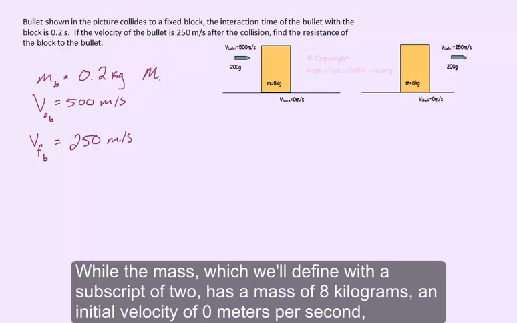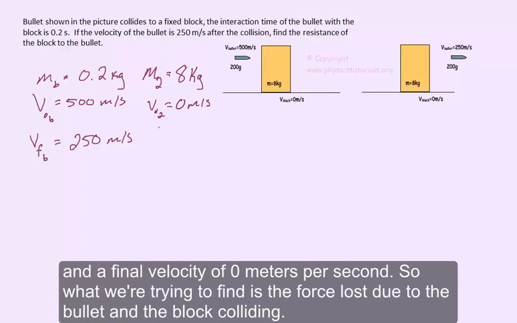The block, which we'll define with the subscript 2, has a mass of 8 kilograms, an initial velocity of 0 meters per second, and a final velocity of 0 meters per second. So what we're trying to find is the force due to the bullet and the block colliding.